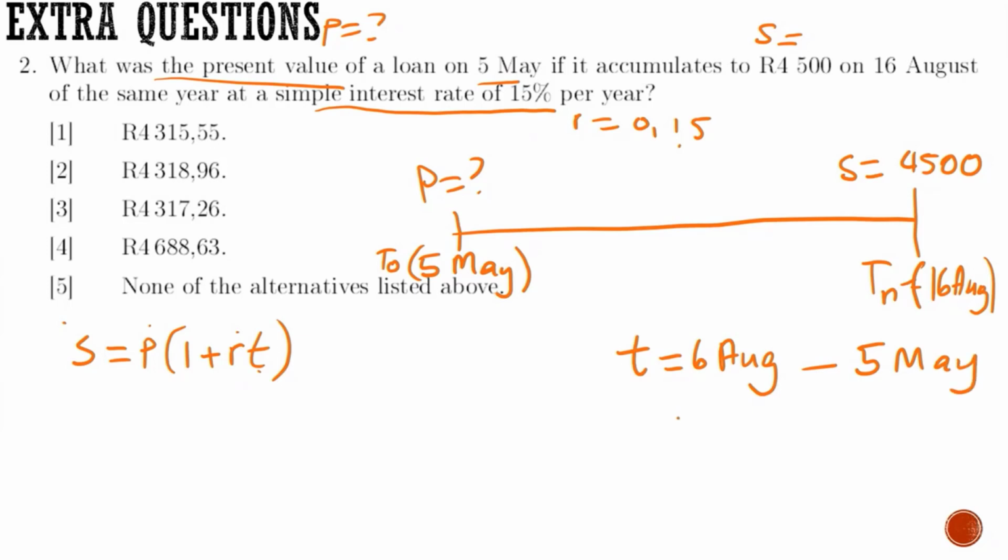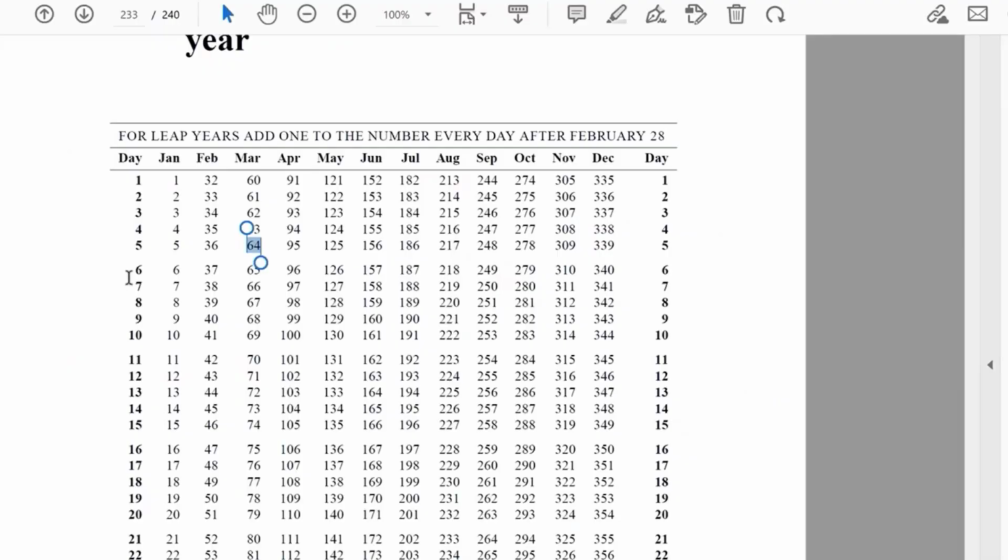Go to your table and get the number of days on 16th of August. There is your 16th, there is your August. It is 228. Also you are looking for 5th of May. There is your 5th, there is your May. It's 125. So now you are looking at these days.